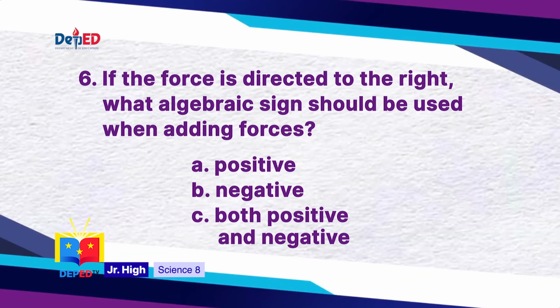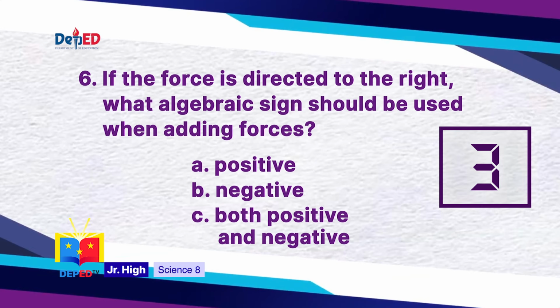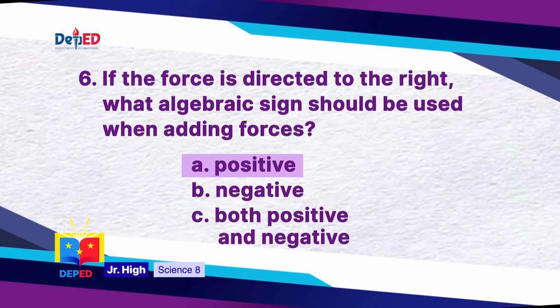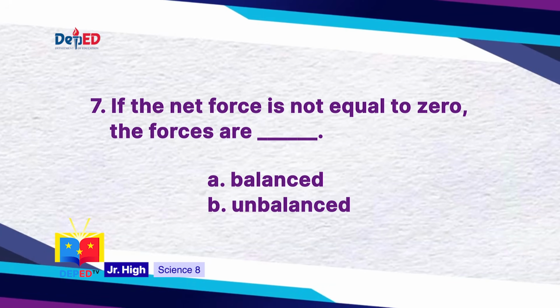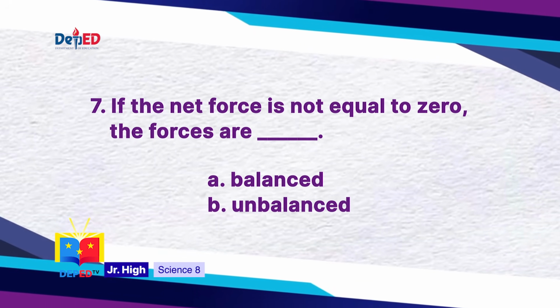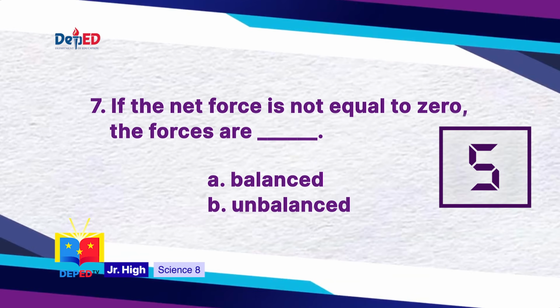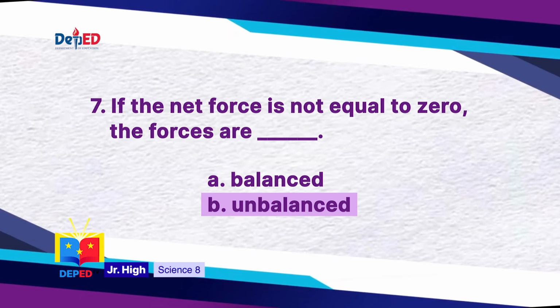Positive, negative, both positive and negative. Positive. Great! If the net force is not equal to 0, then the forces are balanced or unbalanced. Unbalanced is right.